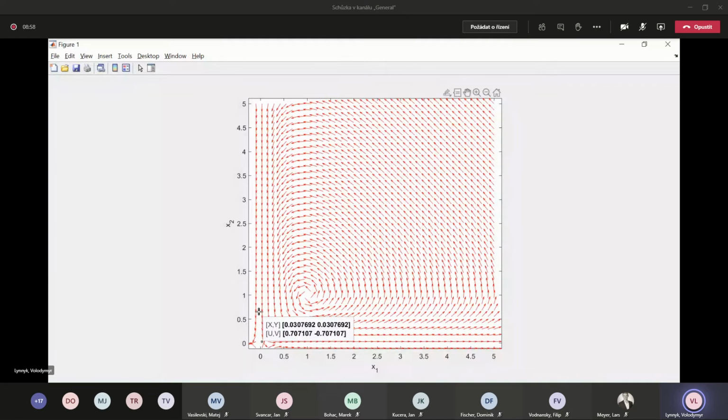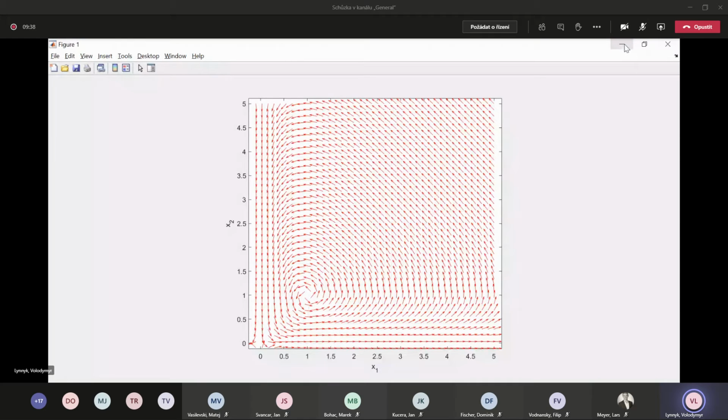It is a saddle point, and another one, 1, 1, is a center. And you can see that this vector field shows how this model works, and we can try to start with different initial conditions.